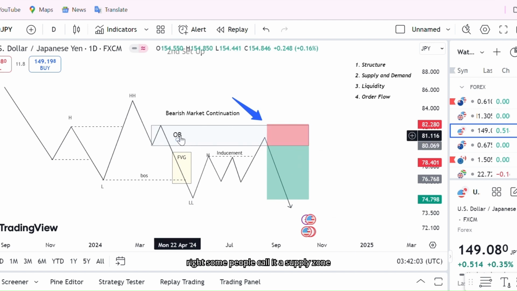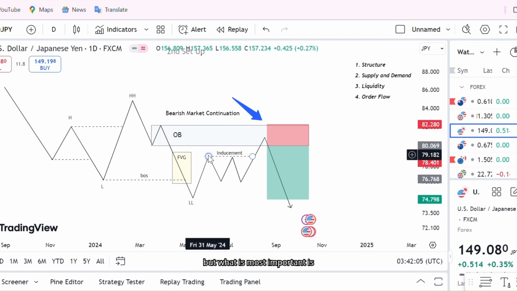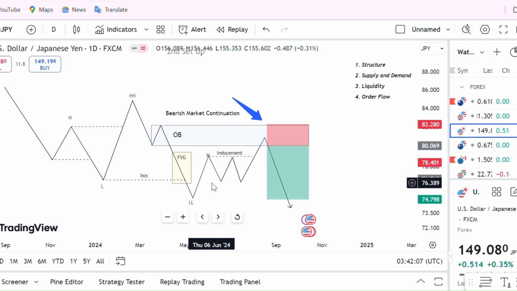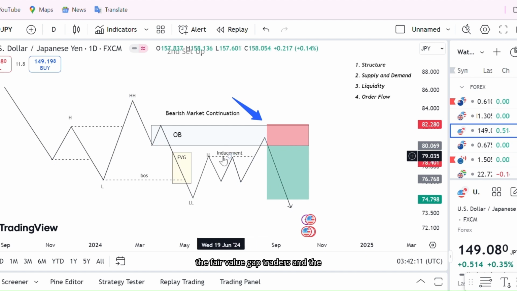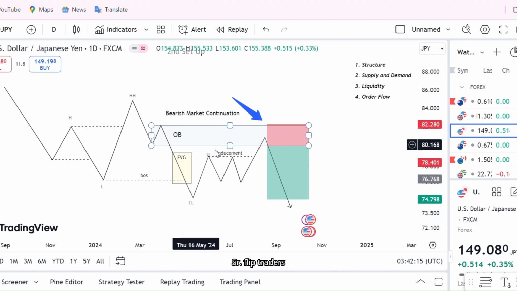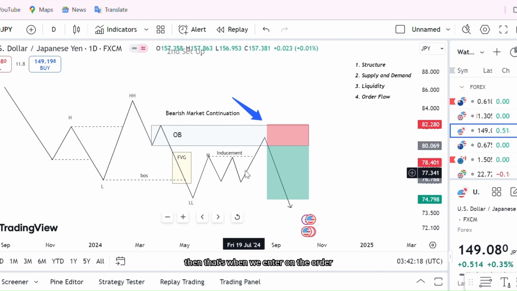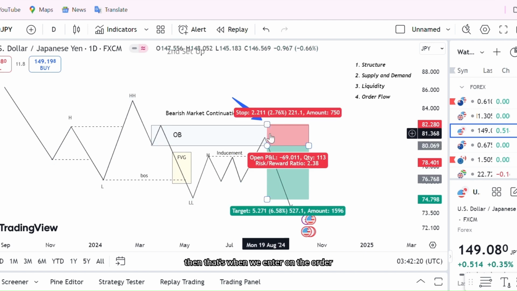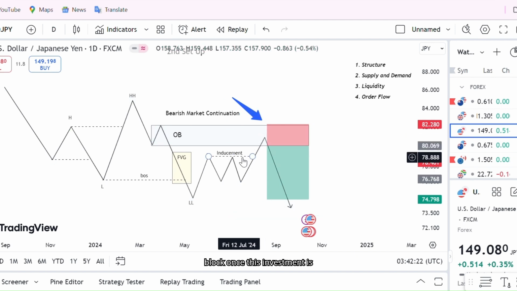Some people call it a supply zone, but what is most important is waiting for the market to trap the fair value gap traders and the SR flip traders. Then that's when we enter on the order block once this inducement is taken out, right?